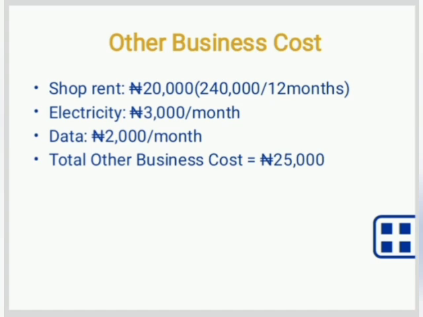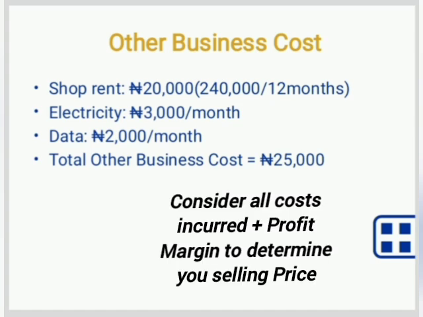food. So you see, all the cost that you incurred for that product to be in the best condition at the point of use should be considered before determining the price of the product that you want to sell. And that is why it's very, very important before you determine the selling price of your product, you must consider all the costs you incur for you to make that product in a sellable condition.